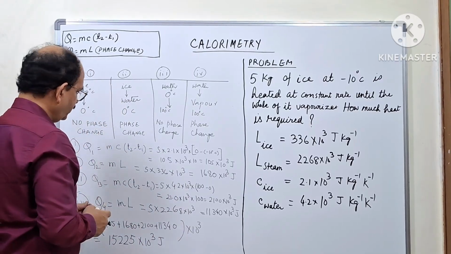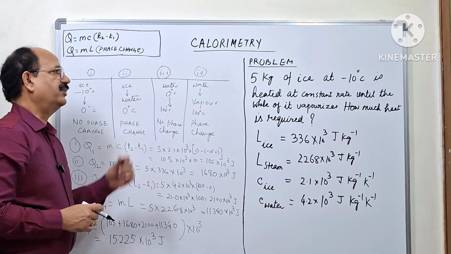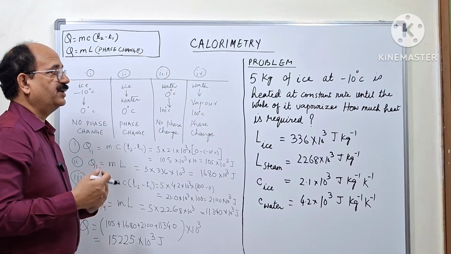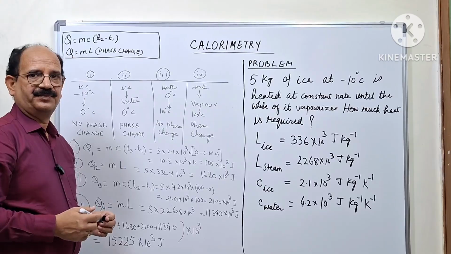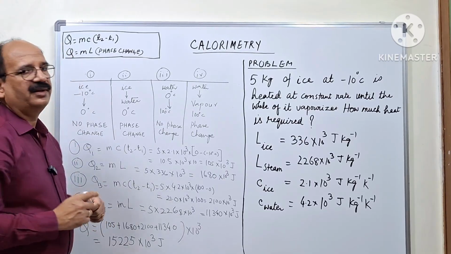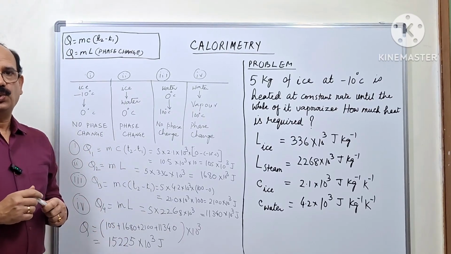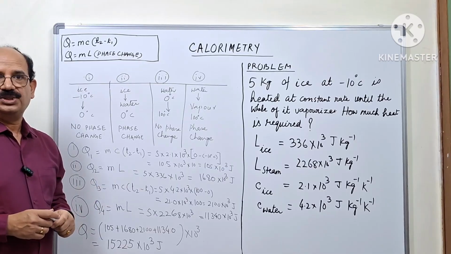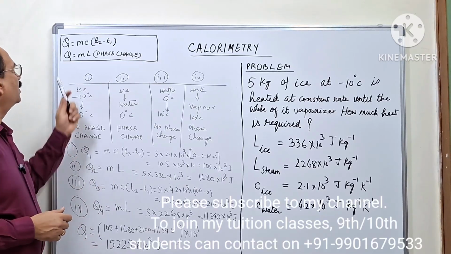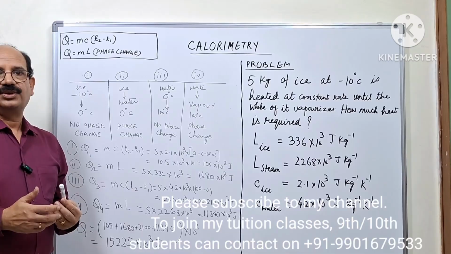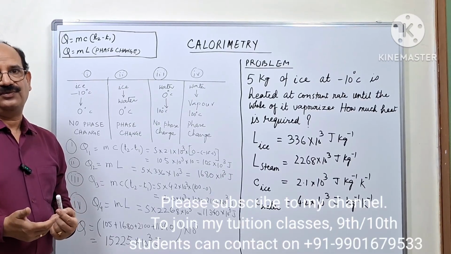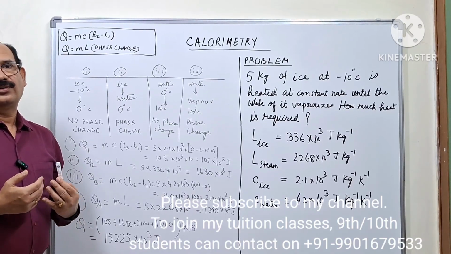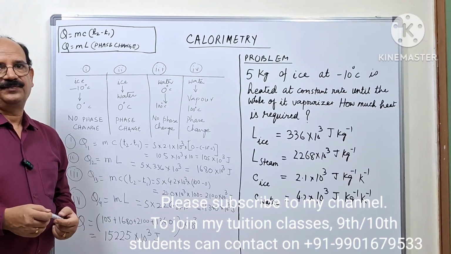This much will be the total heat required to convert 5 kg of ice at minus 10 degrees Celsius into completely vapor state. So with this example, you might have clearly understood when you will use the formula which doesn't involve phase change, and when you will be using Q equal to mL, which is used when there is a phase change involved of any form, whether it is solid to liquid or from liquid to vapor.